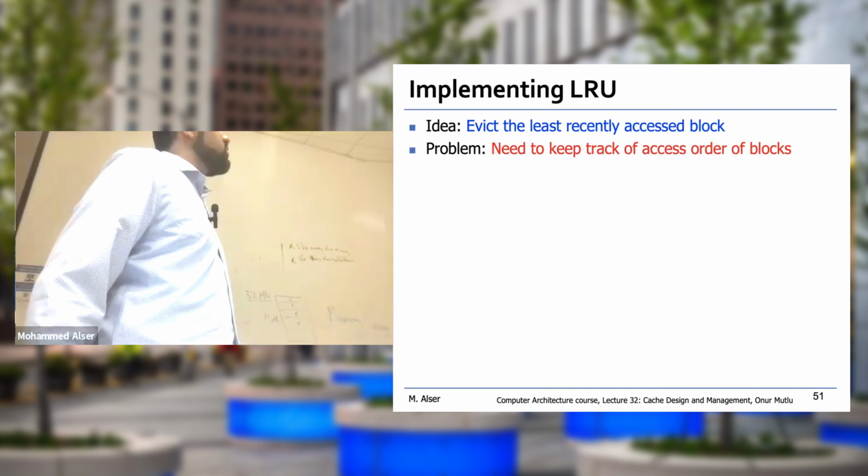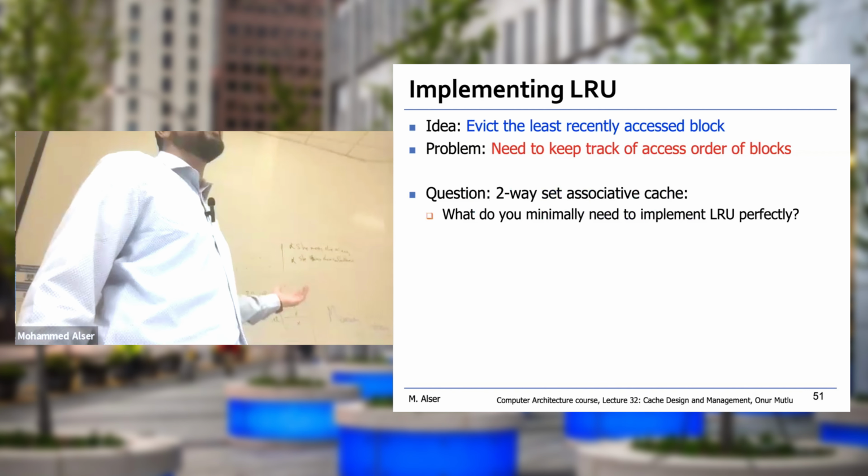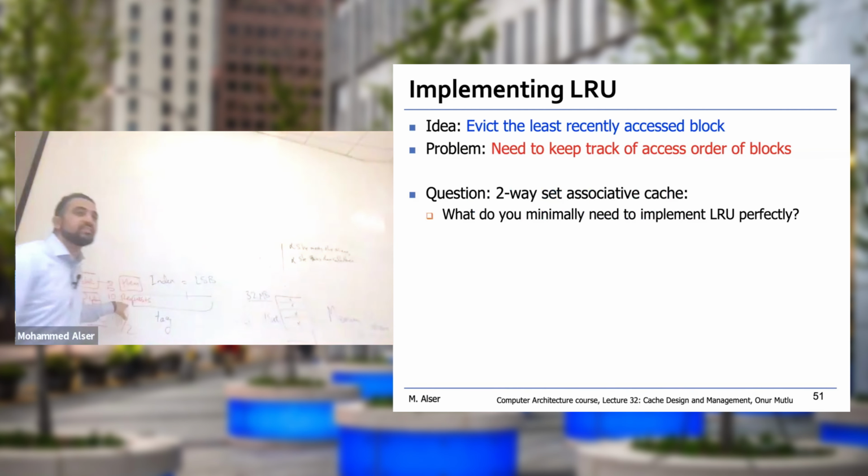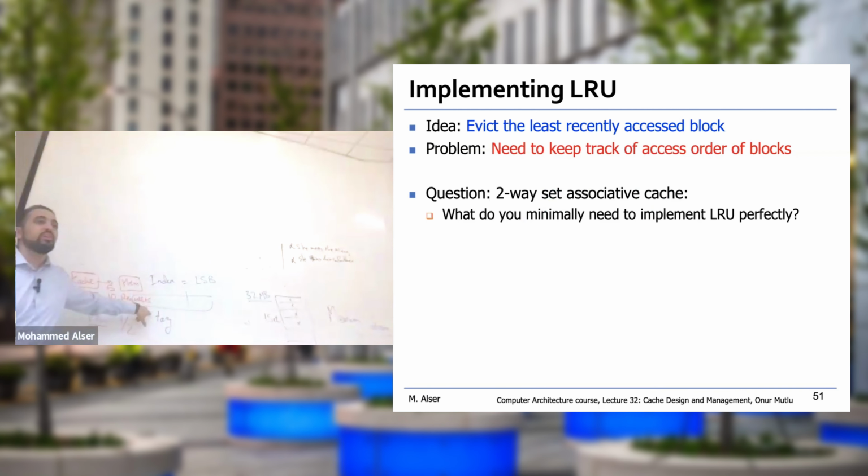So the problem is I need to keep track of the access order of the blocks. We already discussed how to solve it just by adding more bits to the address over here. For example, you can have 0 as not the most recently used, and then less until I define which one was least. Now, in two-way set associative, if there is a set and we have 2 ways, what does it mean?